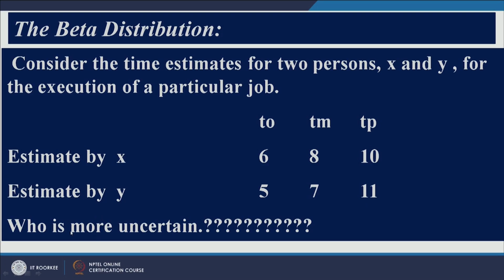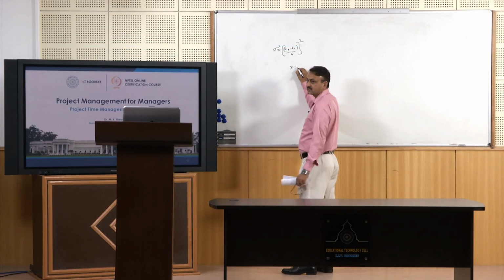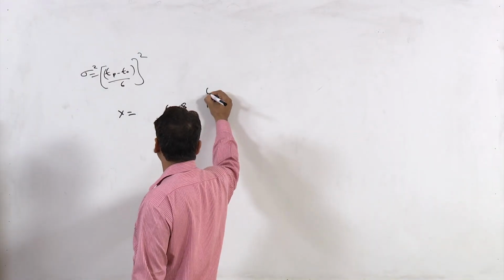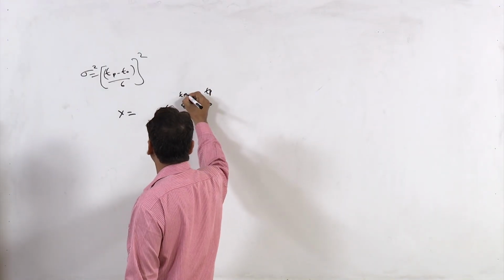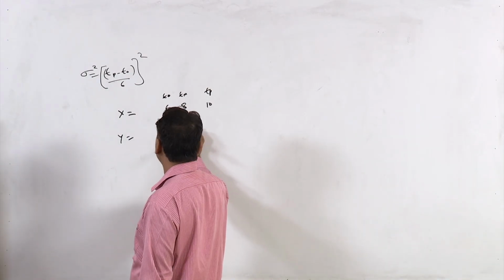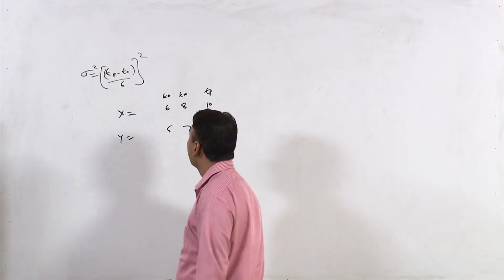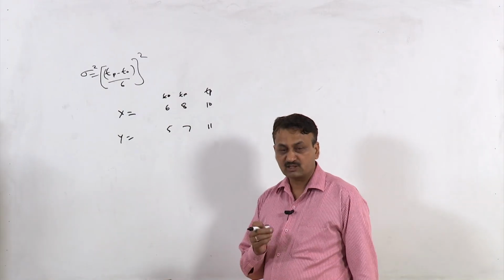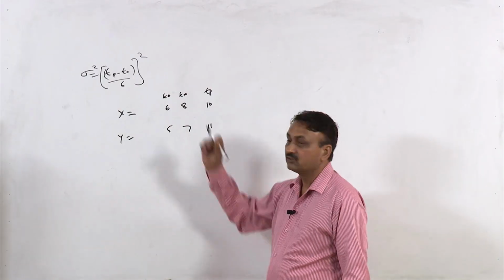Now we want to know who is more uncertain about these time estimates. X has given 6, 8 and 10, these are To, Tm and Tp. Y has given 5, 7 and 11. Who is more uncertain? This dispersion is to be measured by variance.